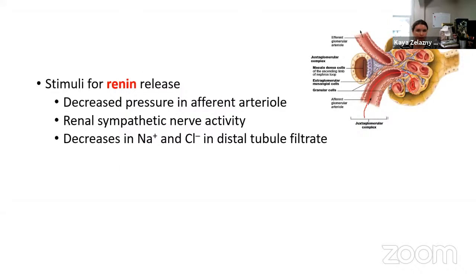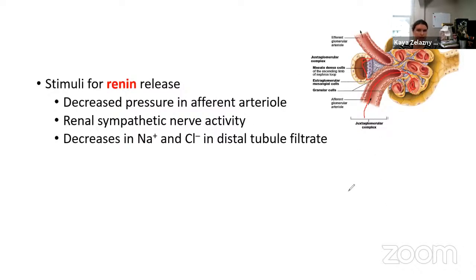And we also have parts of this juxtaglomerular complex, specifically our macula densa cells. Parts of this juxtaglomerular complex are able to sense the concentrations in the tubule filtrate that's about to leave the body, essentially.